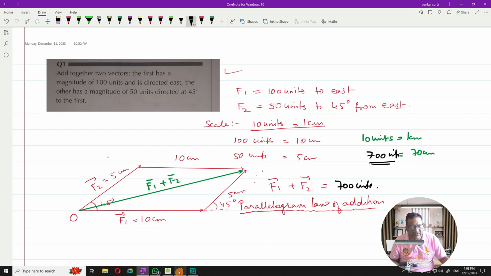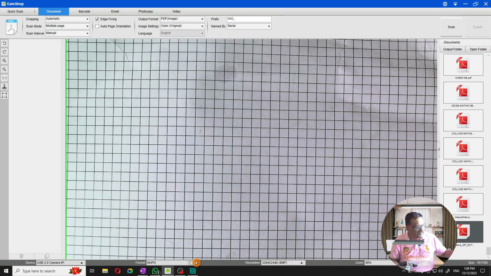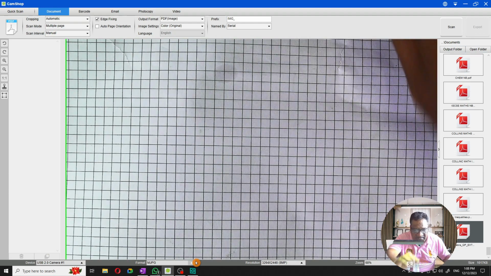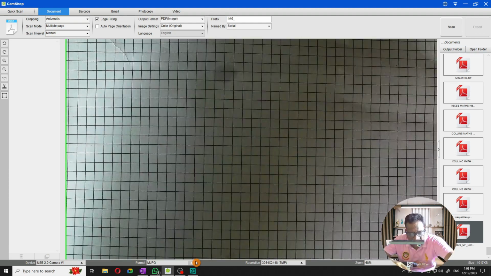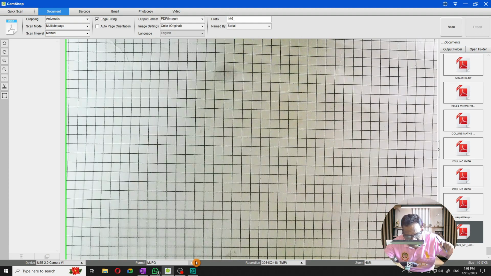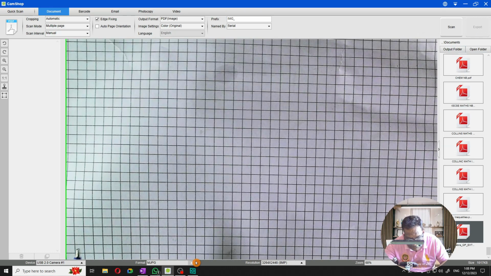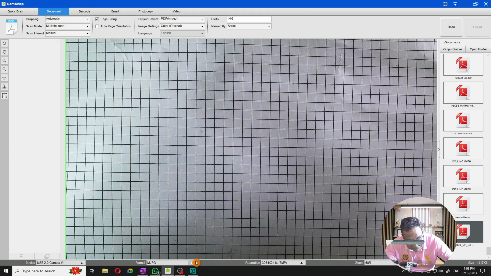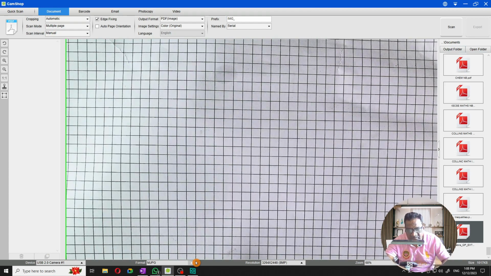So let me take you to the document camera of mine, and I'll do all the working over there on the document camera. So here you can see the document camera, and first what I'm going to do is draw a horizontal vector f1, and that I'm going to take 10 centimeter. I hope you can see that.